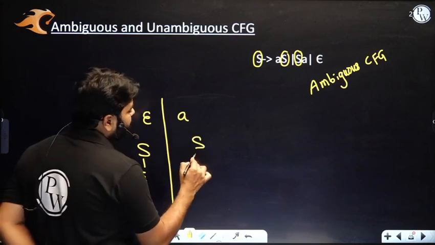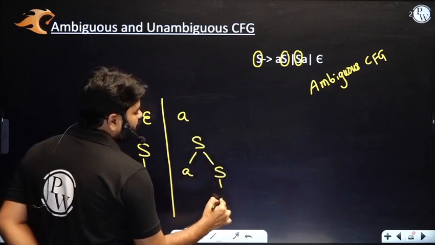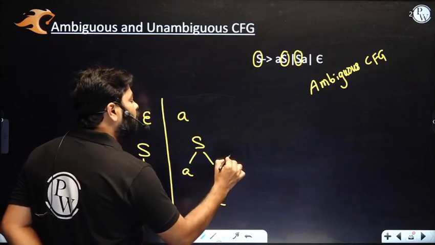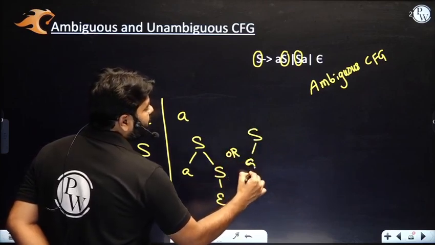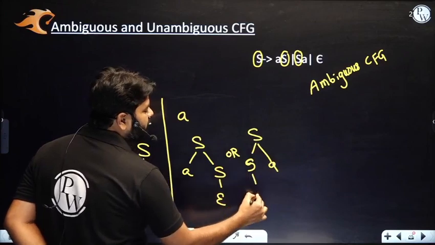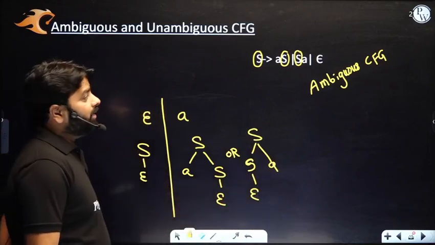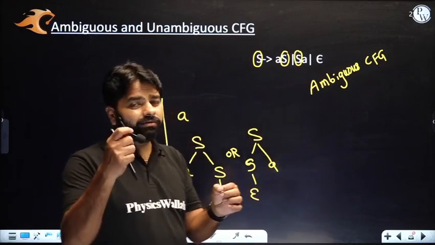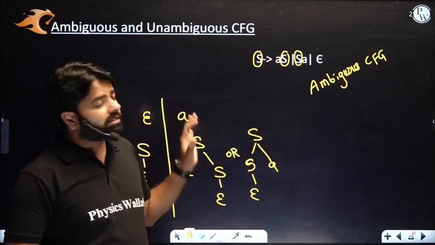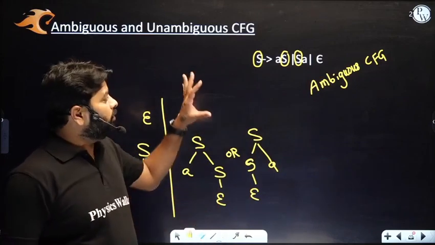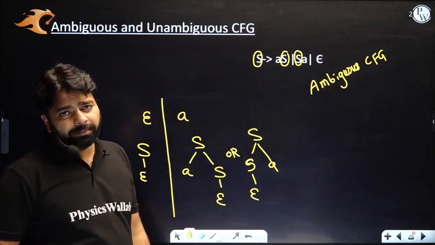Here S derives AS, with S as epsilon, and you got one more. What is the other one? That is SA, with this S as epsilon. So lucky. But if this is not epsilon, the string length could increase a little bit. Right now length 1 is giving the answer, so you are lucky. So fine, you got ambiguity.